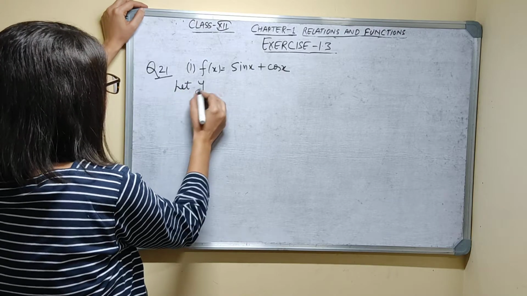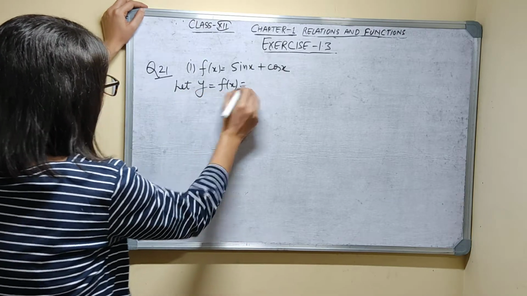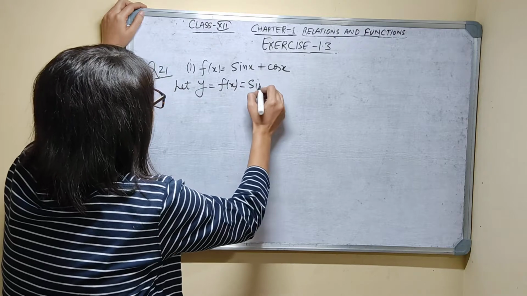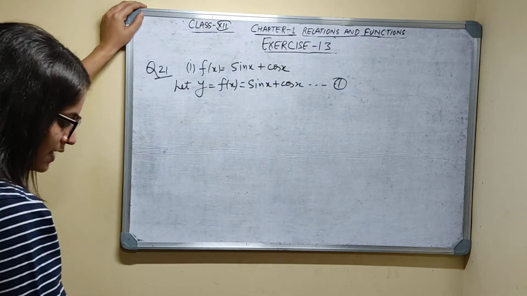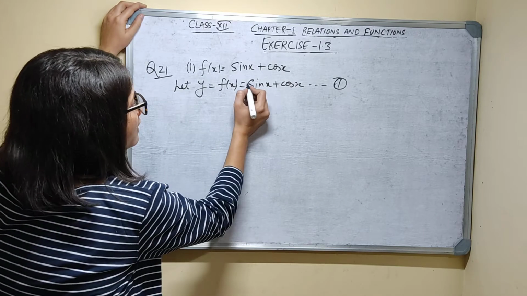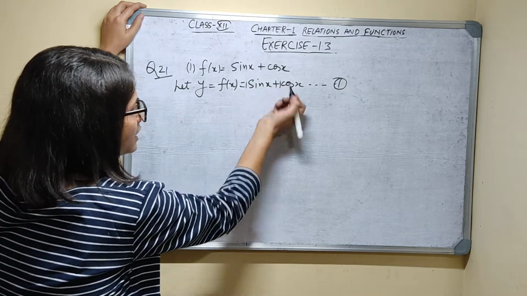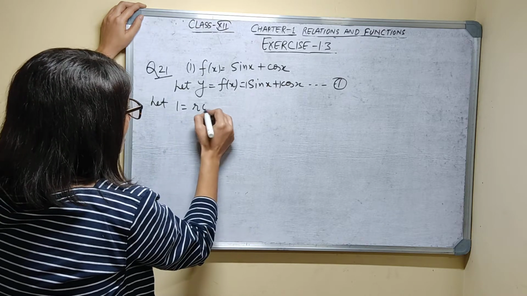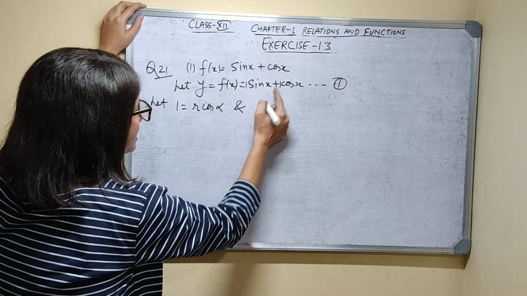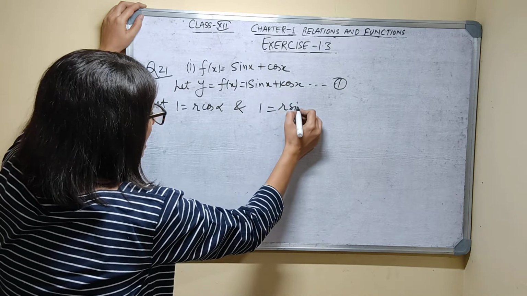Let's start from here. Let y is equal to f of x is equal to sin x plus cos x. Give it equation number 1. Is it clear? Put whatever is multiplying here: 1 sin x plus 1 cos x. So let 1 is equal to r cos alpha and this 1 is equal to r sin alpha.